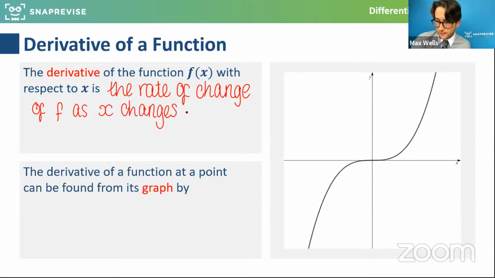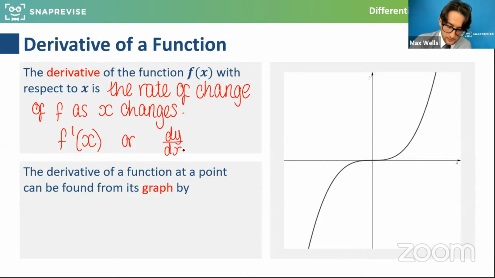So we're going to look at the notation. If they use function notation, we denote the derivative as f dash of x. Or if they say y equals something to do with x, the notation is dy/dx. So these two things, f dash of x with a little prime at the top and dy/dx, mean the same thing. They mean you differentiate it.